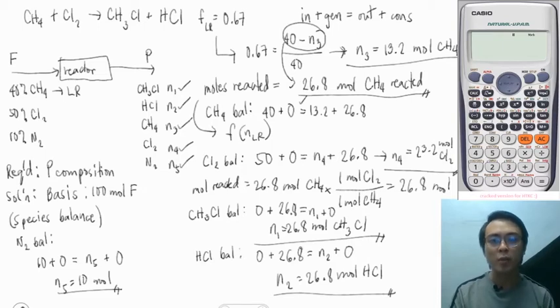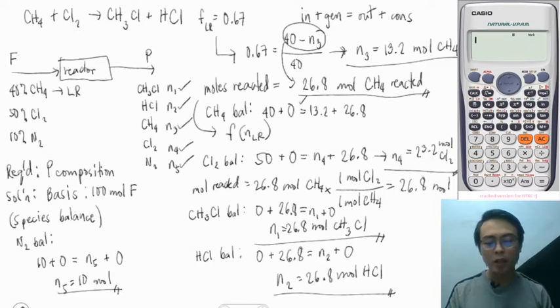For other problems, especially if your balanced equation contains coefficients that are not 1, so let's say for example there's 2, there's 3, you have to perform stoichiometry just like what we did here to get the actual moles consumed or the moles generated. Okay, do not assume that the moles reacted is the same for all components. You have to perform stoichiometry. It just so happened that in this problem, the coefficients in the balanced equation are all 1, so there's no change.